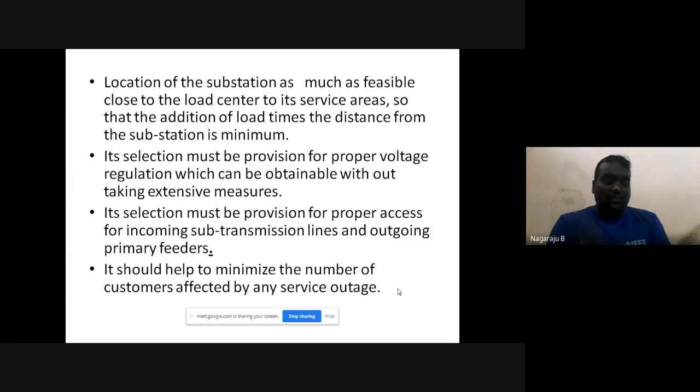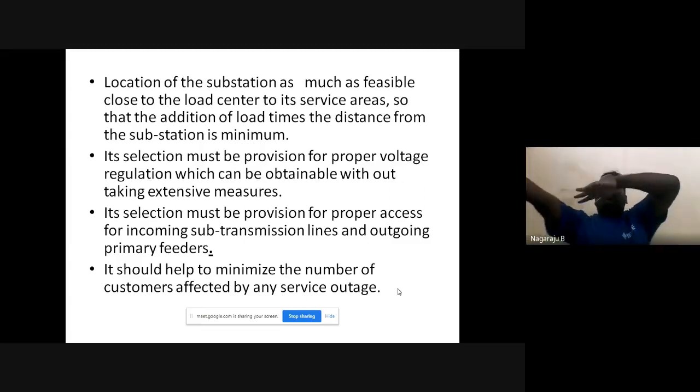Industrial and commercial substations are located within the consumer premises. Whenever I don't have that capacity, you can have industrial and commercial substations there, with a separate feeder line to it.